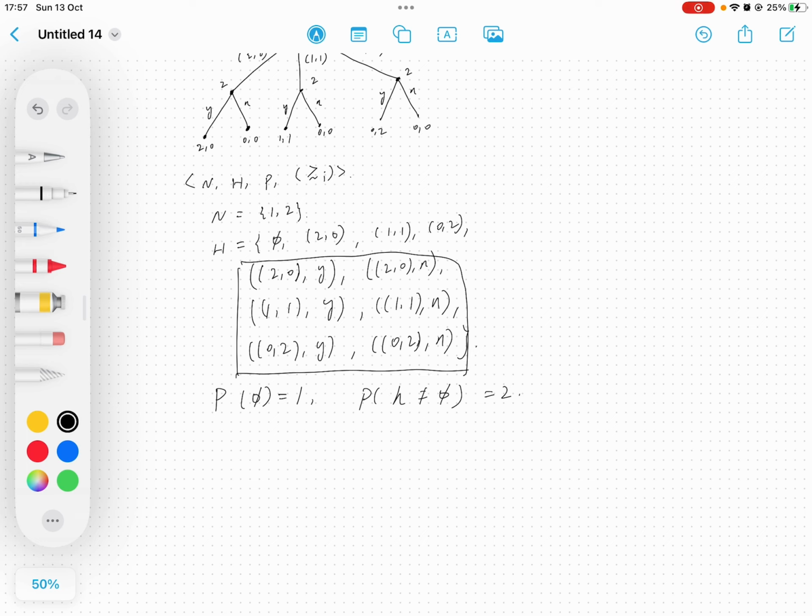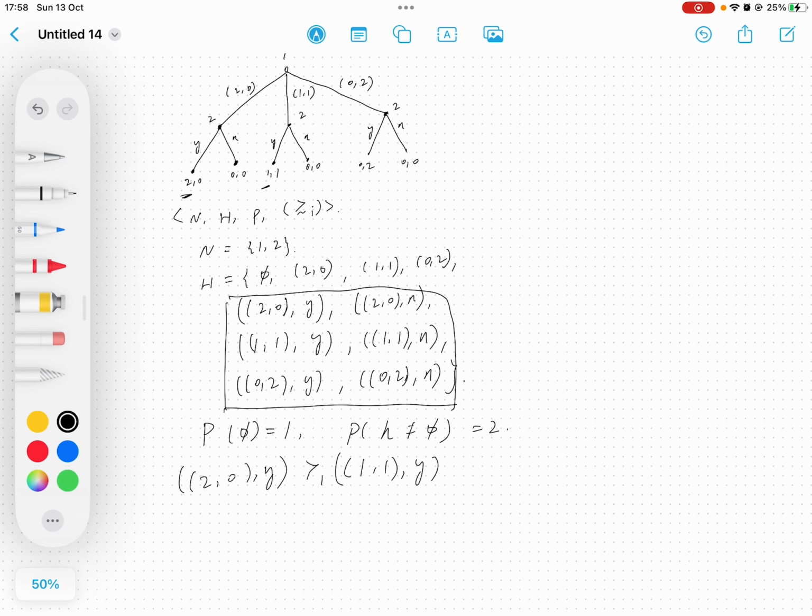So 2 0 Y, the first one, has to be strictly preferred over the one with no. The next one should be 1, because here's 2 and here's 1. So the next one would be 1 1 Y.